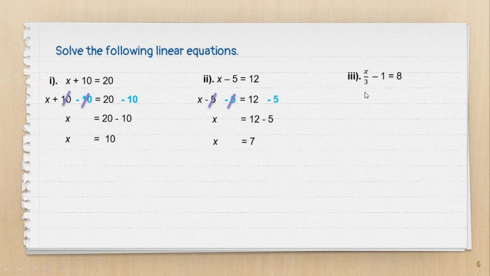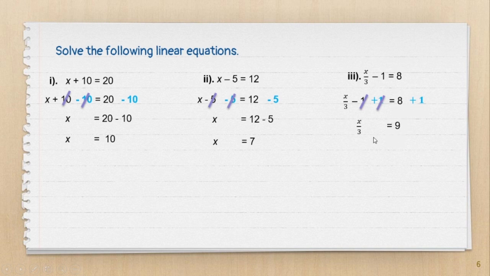Initially, we have to add plus 1 to both sides to remove this minus 1 from the left side. Like this, and we can simplify. Then write the remaining terms in the next step. x divided by 3 equal 8 adding 1 equal to 9.